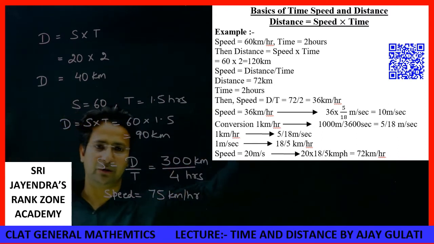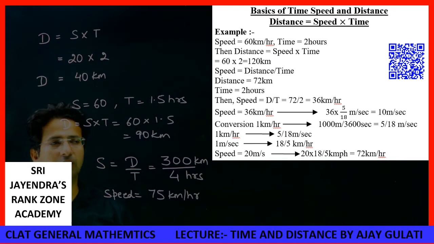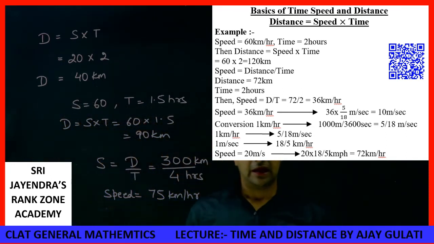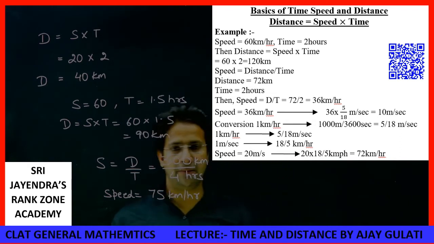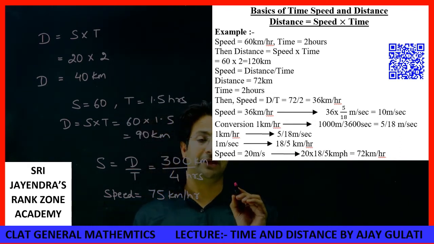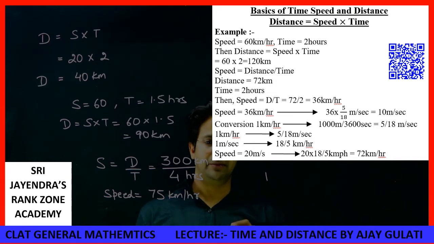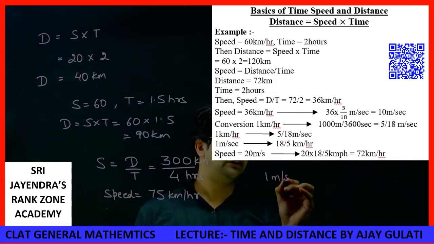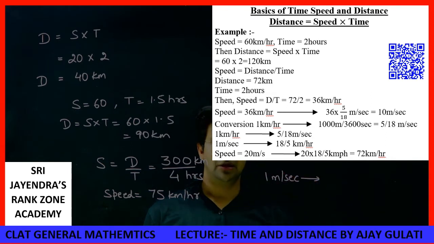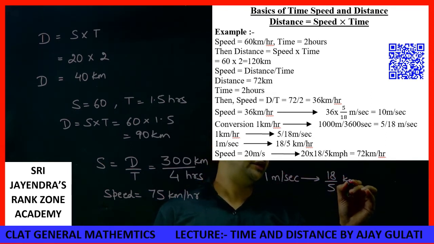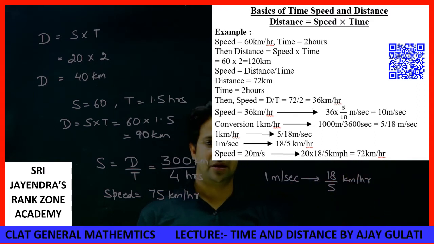I have also laid down some other basic concepts. You can watch them just by pausing the video for a moment. I have also written down the conversions in this formula. The conversions are, suppose I am given 1 meter per second. I need to convert this speed into kilometer per hour. So it will become 18 by 5 kilometer per hour. Okay.